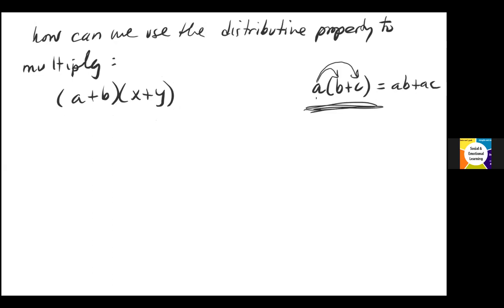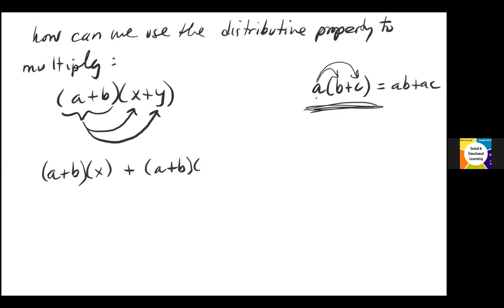Could I say A plus B times X and A plus B times Y? So I could say A plus B times X plus A plus B times Y. Does that follow the rule of the distributive property? I think so.